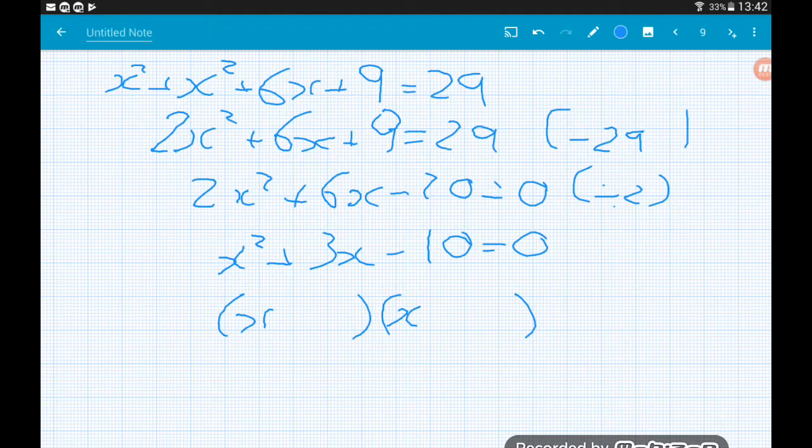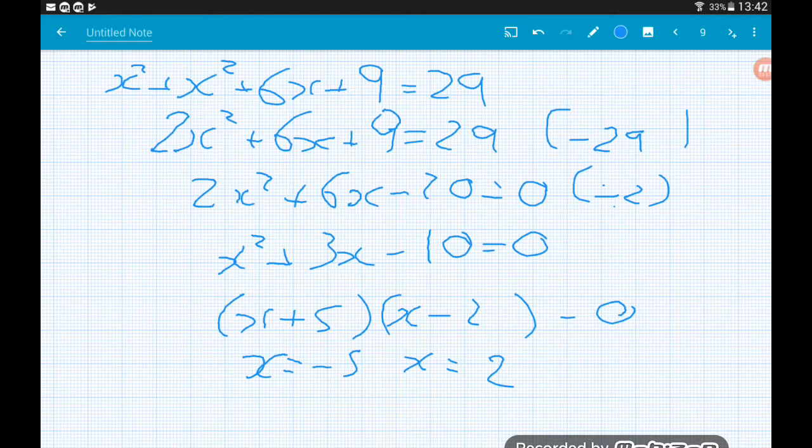So we are going to have (x plus 5) and (x minus 2). And then if that's equal to 0, that tells us x is equal to minus 5 and x is equal to positive 2. So here we've got our two x values.